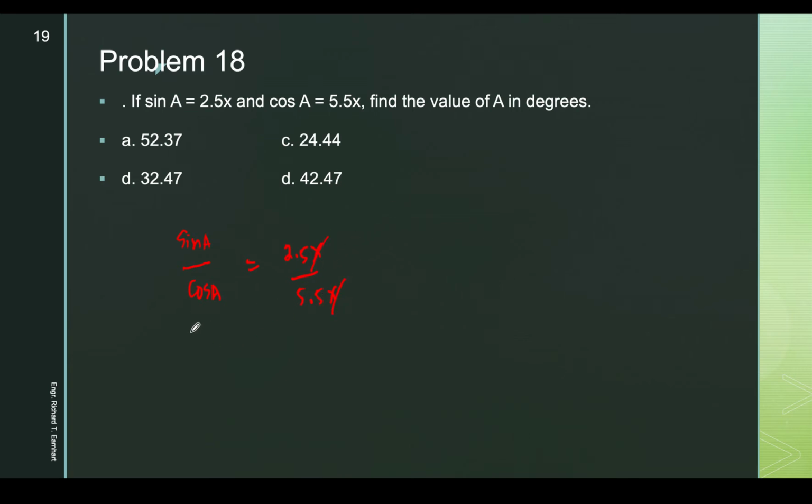But sine A over cosine A is tangent A. So this is 2.5 over 5.5, and get the arctangent of 2.5 over 5.5. That is 24.4 degrees. Okay, so the answer here is letter C.